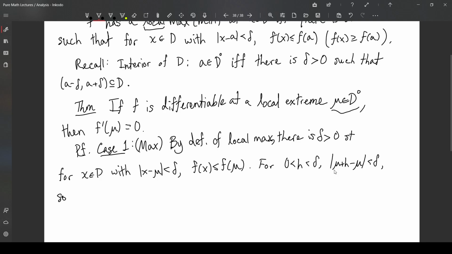So mu plus h serves as an appropriate x value, giving that f of mu plus h is less than or equal to f of mu.